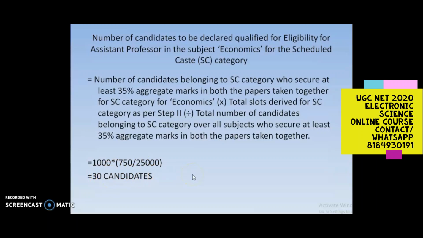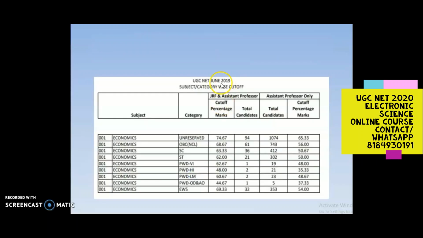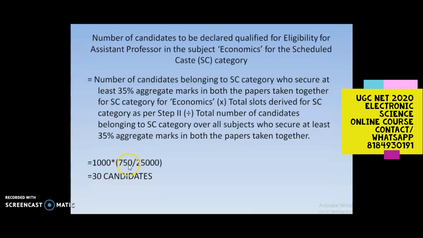Previously, if you take June 2019 for the economics part, you can observe here in the economics part for the SC category, the total number of candidates qualified for the JRF was 36, and the total number of candidates qualified for assistant professor was 412. Here I just took one rough calculation, so that's why I got 30 candidates.